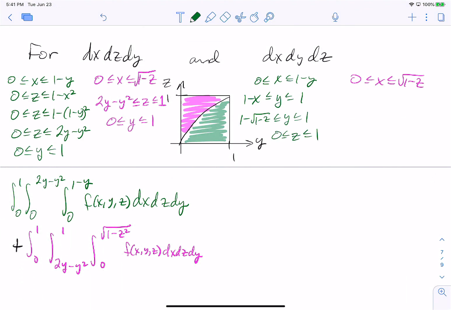And so the first iterated integral for the green portion here is going to be the integral from 0 to 1 of the integral from 1 minus the square root of 1 minus z to 1 of the integral from 0 to 1 minus y of f of x, y, z, dx, dy, dz.